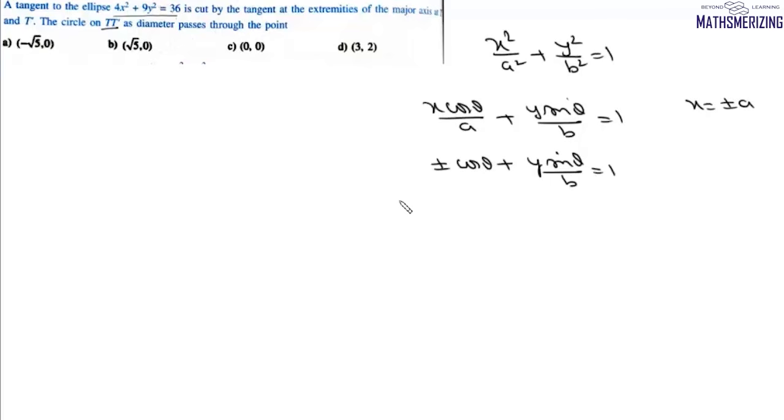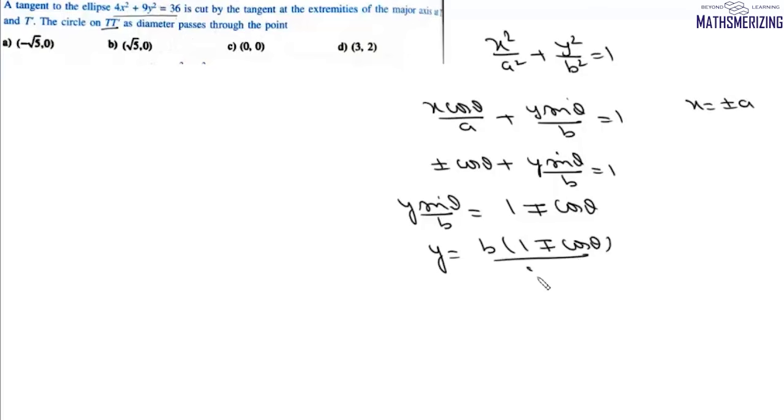So we'll write y sin theta upon b equal to 1 minus plus cos theta. So we can write y as b(1 minus plus cos theta) upon sin theta.